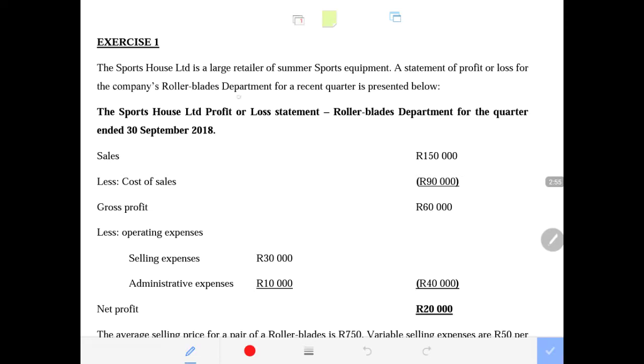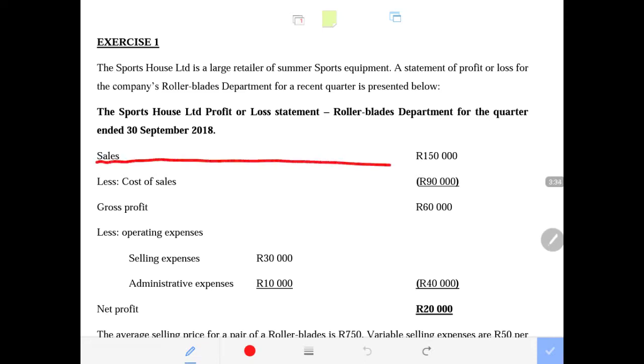So this is information for a specific department, meaning there are also other departments within this company, Sports House Limited, but we are focusing only on this department. The Sports House Ltd profit or loss statement of the roller blades department for the quarter that ends on the 30th of April in the year 2018. So this is the income statement that is presented to us.